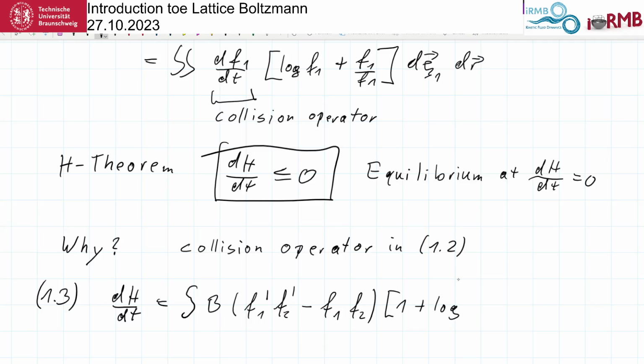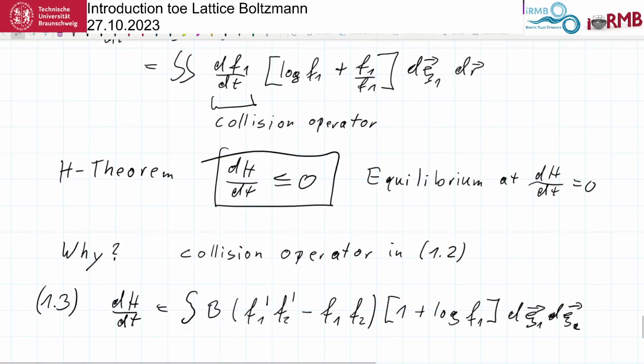So 1 is f divided by f, obviously, log f1. And now this is integrated over xi1 and xi2. The xi1 and xi2 come from the collision operator, and the xi1 comes from the integral 1.2, obviously, right? And this again over the r, and actually in my notes I've forgotten to write d sigma, because this is also in here.